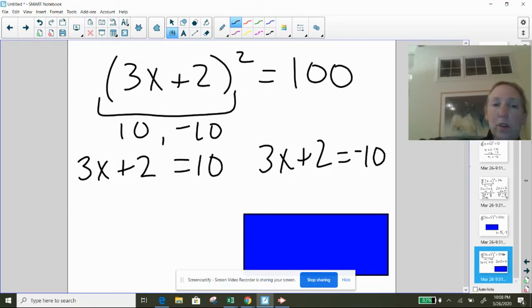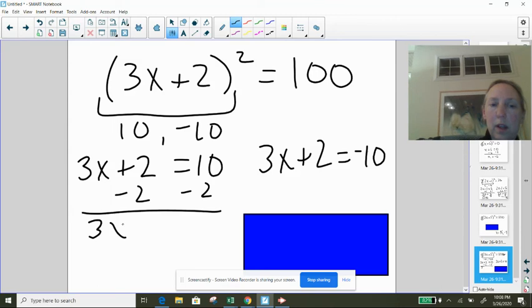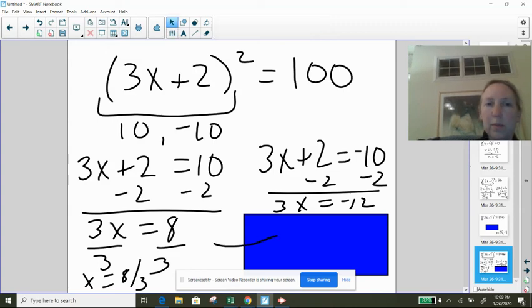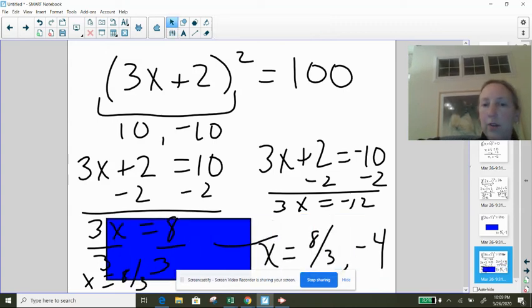And then you're just going to solve your equation like you always would, getting your x isolated, divide both sides by 3, and you get 8/3. And then for this one, when you subtract 2, you get 3x is negative 12. And you might be able to solve that equation in your head, and know that you get negative 4.